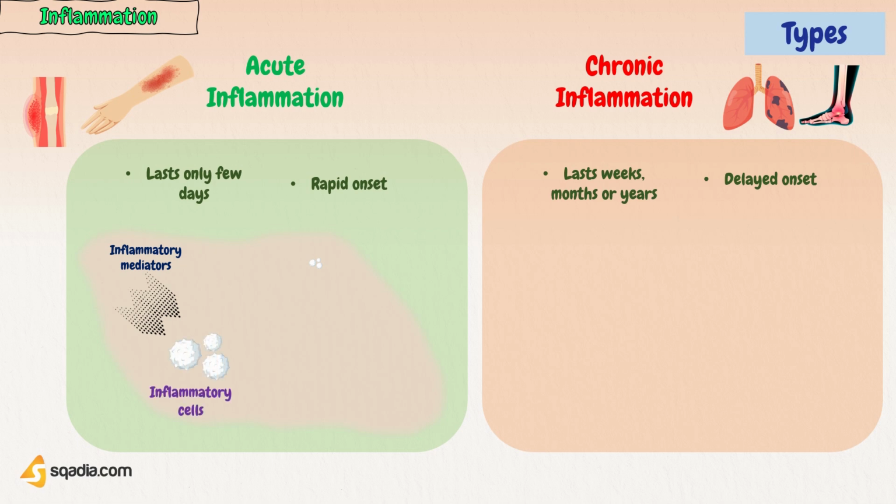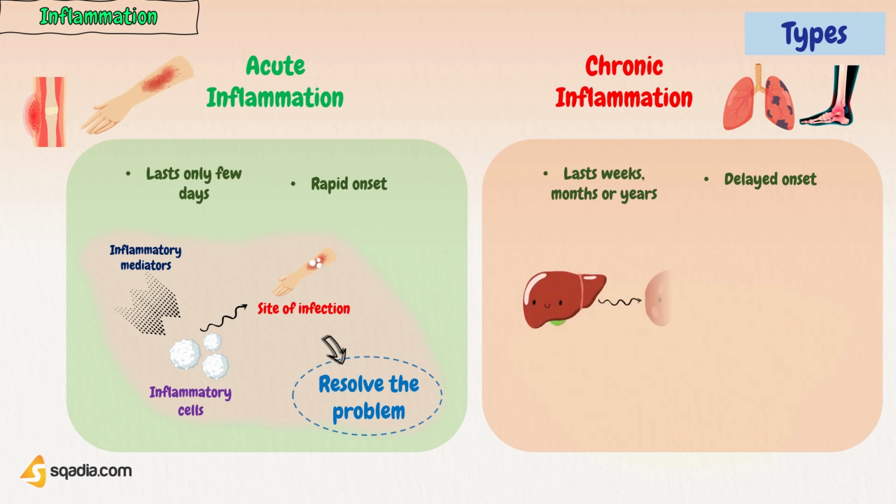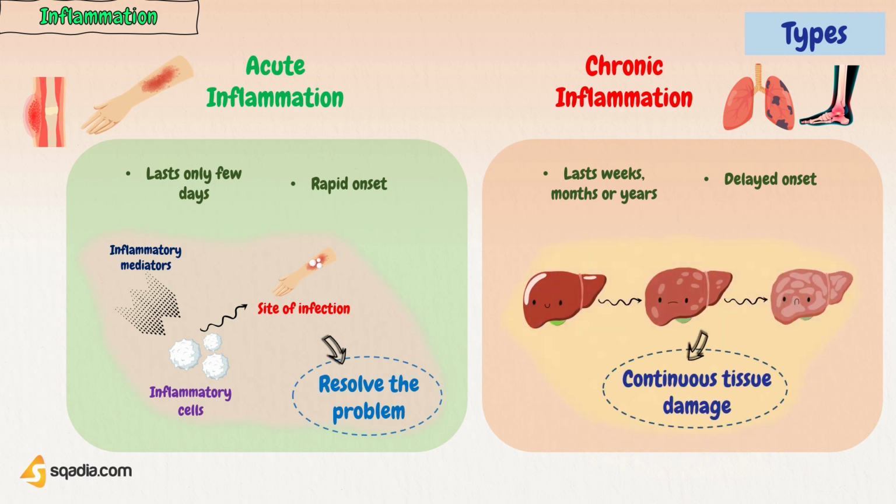In acute inflammation, on the release of inflammatory mediators, inflammatory cells mobilize to the area of infection or injury, and by certain mechanisms, resolve the problem or heal the tissue. Whereas chronic inflammation causes continuous tissue damage that can lead to organ failure.